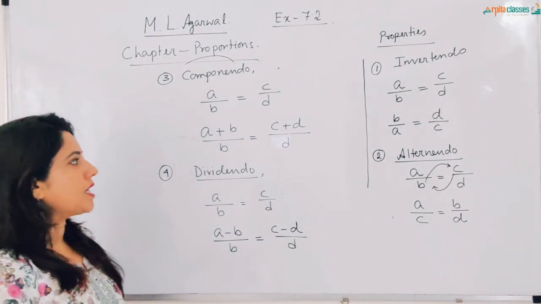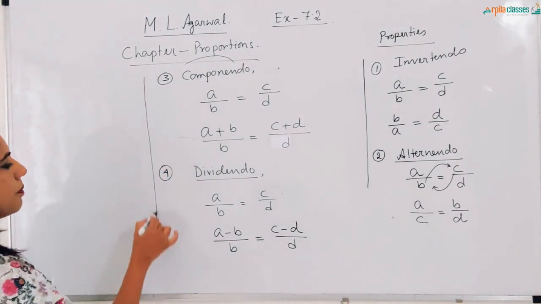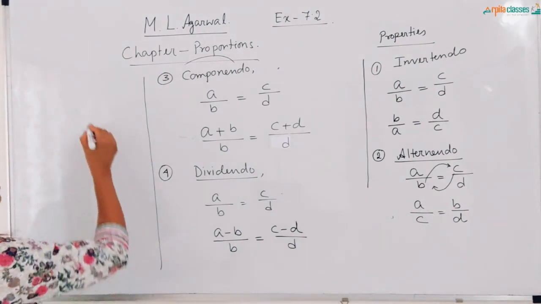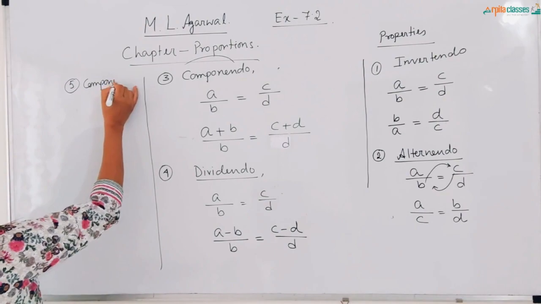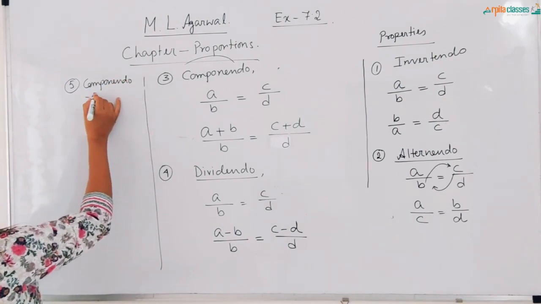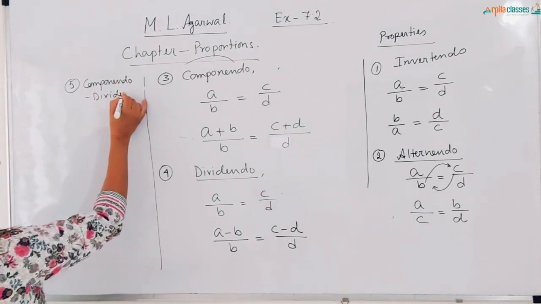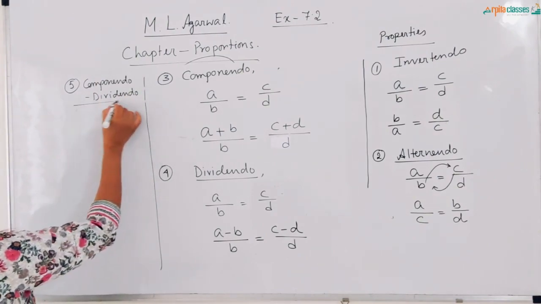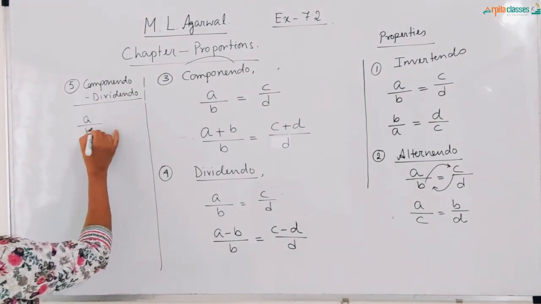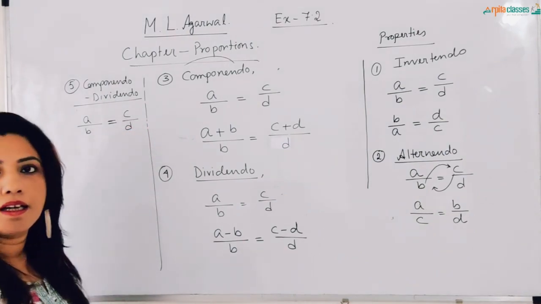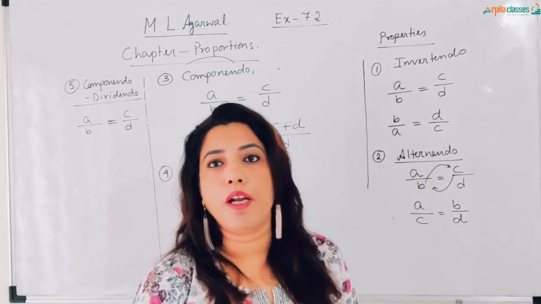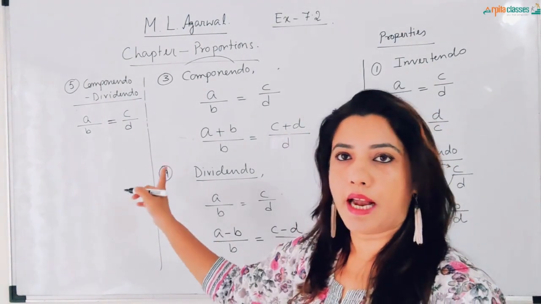Okay. And the last property, which is the most important of all, which is known as componendo dividendo together. Componendo dividendo. So what is it? If A by B is equal to C by D, we can apply componendo dividendo together on both sides.